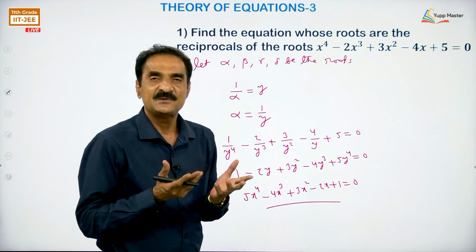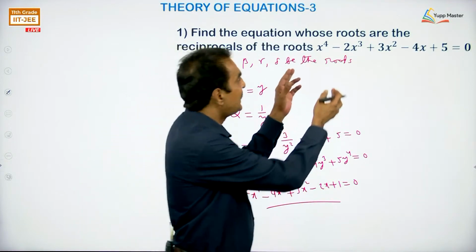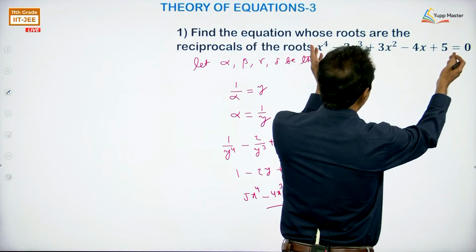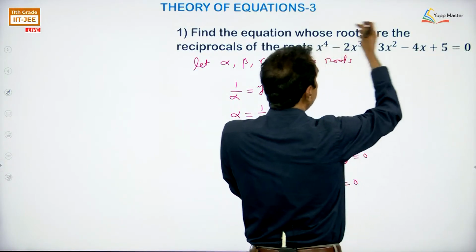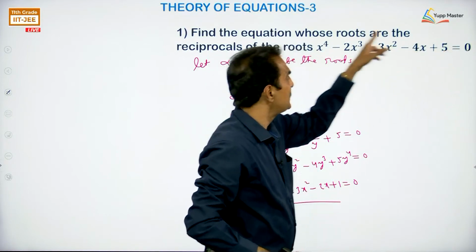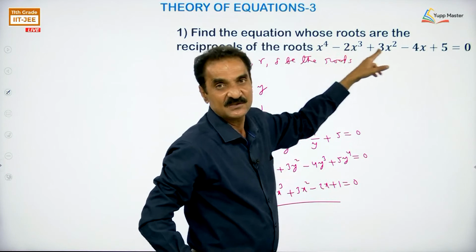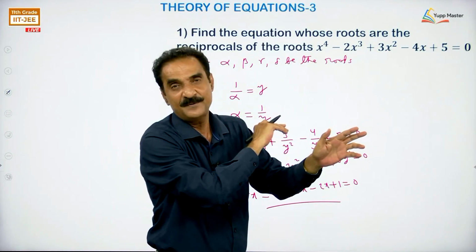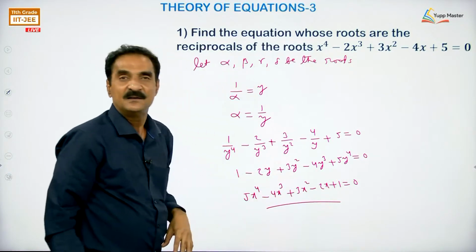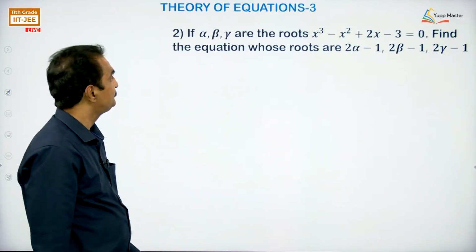So you can simply remember the method that if the roots are made reciprocals, write the same equation by writing the coefficients from right to left. So last coefficient becomes first coefficient, second last becomes second coefficient. In this way, if you reverse the order of the coefficients, you will get the new equation, right? Next question.